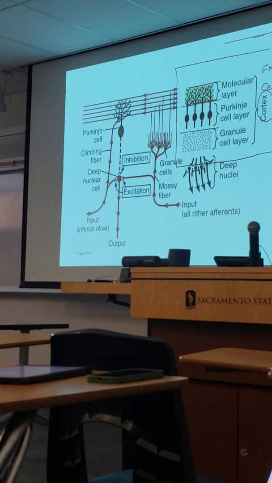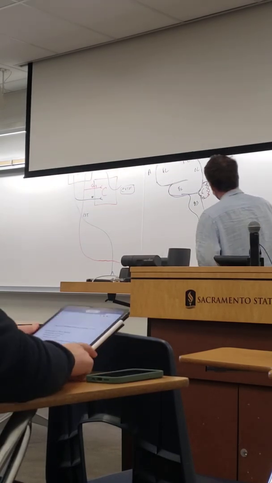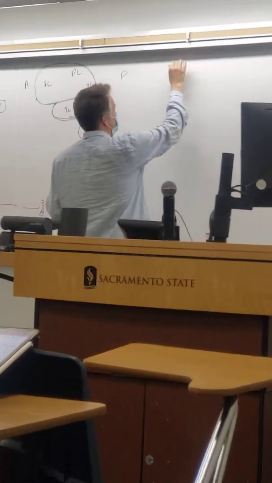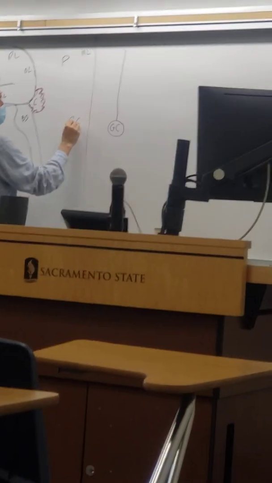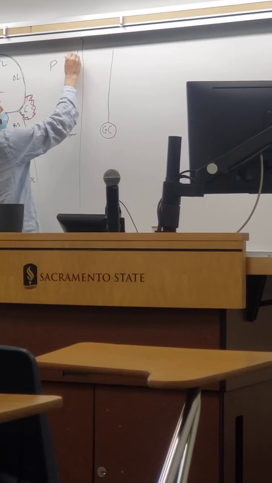And what happens is, let me draw this. We have granule cells, and they send axons up to the molecular layer: granule cell layer, molecular layer, Purkinje cell layer.